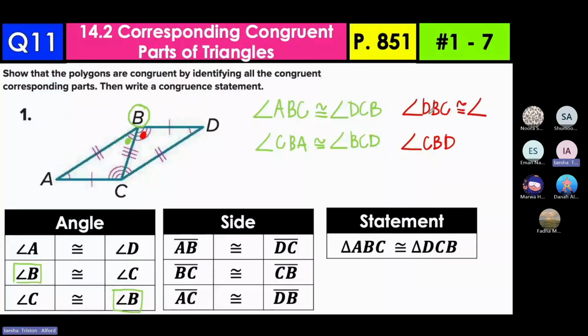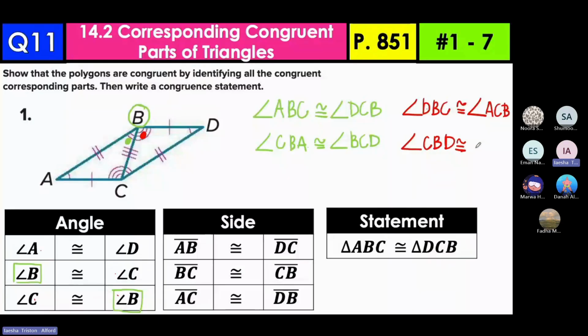So what is matching with DBC? ABC. D is matching with A, B is matching with B, and C is matching with C. What about this one?